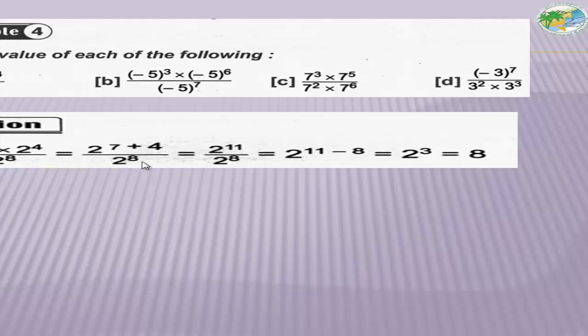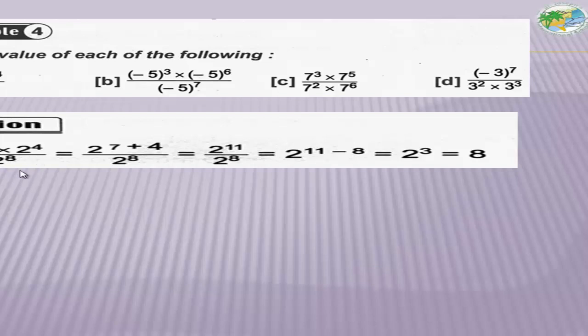After we finish the numerator, then over the denominator, now we can divide the two numbers with the same base. So 2 power 11 minus 8 equals 2 power 3 equals 8. Again, for this example, ignore the denominator, Primary 6.